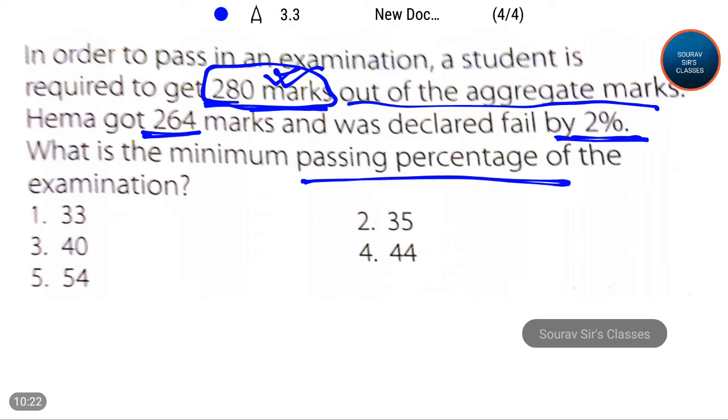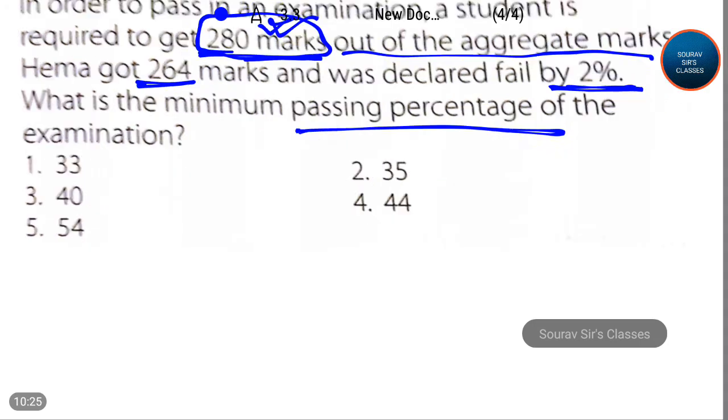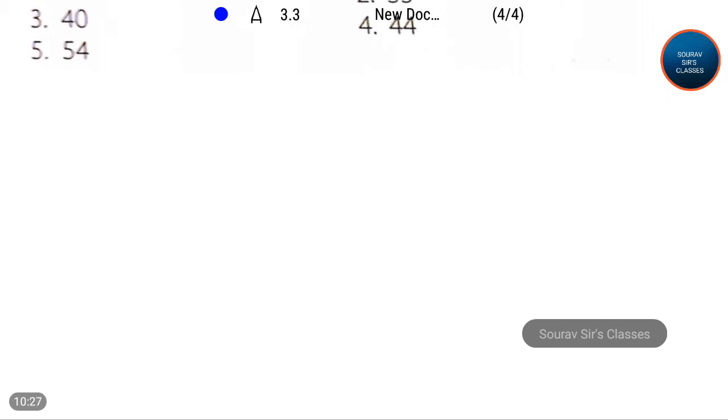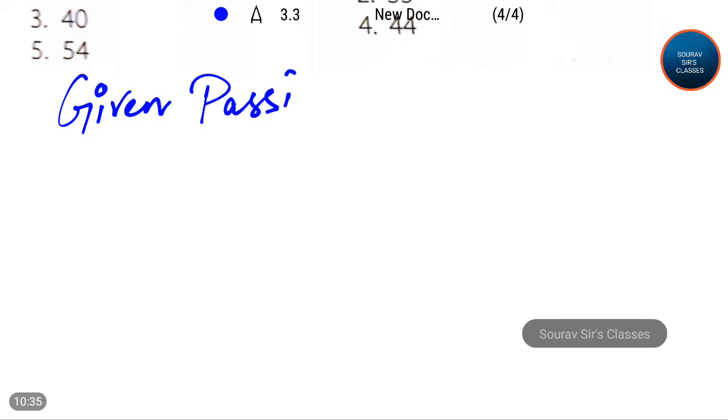So let's start. Now the given passing mark is 280.